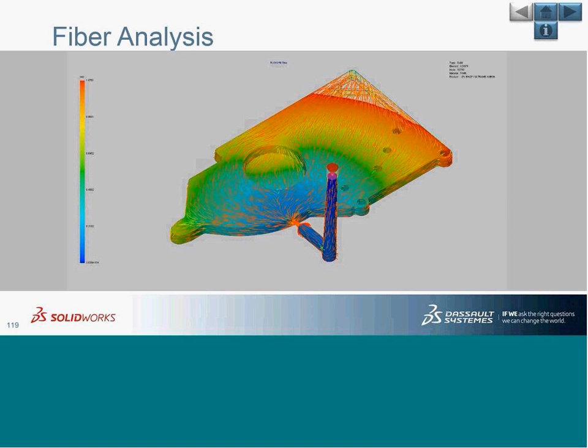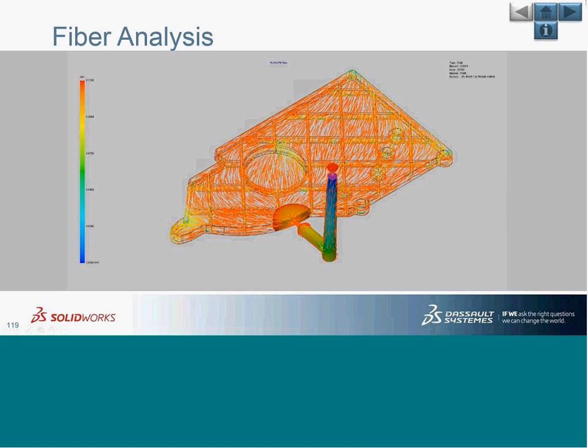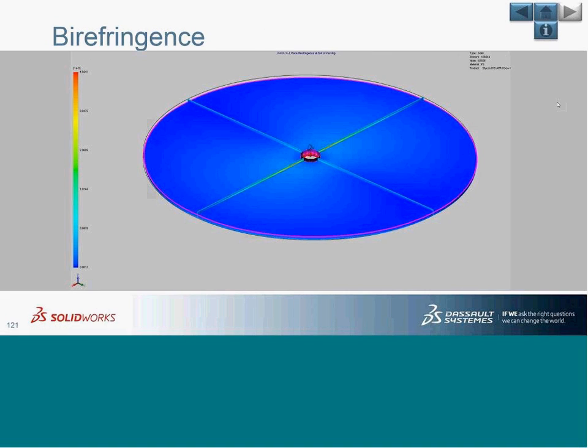We can also simulate birefringence, wherein typically for lenses, etc., which are manufactured using plastic injection, we can see if there is any dissection happening inside the plastic. Whatever light comes in goes in a straight line and is not dissected. So those are a few basic things that can be simulated over here.